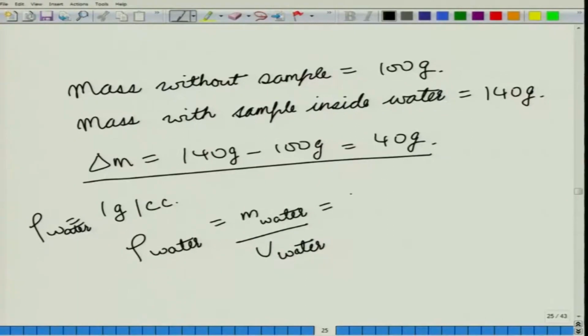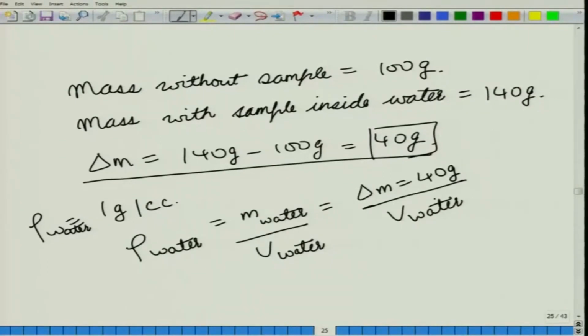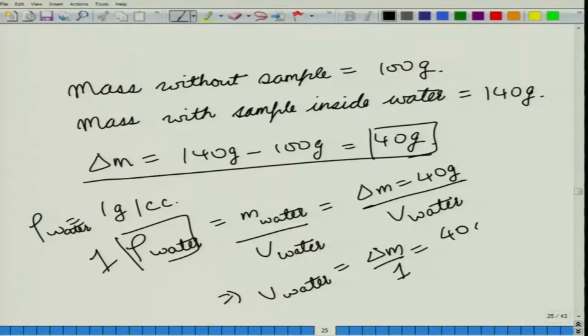Here, the mass of water that the instrument sees has been put inside is delta M, 40 grams, divided by the volume of water that has been put in. Now, the density value is 1. So, the volume of water is equal to delta M by 1, which is 40 cc or 40 milliliters. This volume will be equal to the volume of the sample that we put in. So, the volume of the sample here in the example is 40 cubic centimeters.